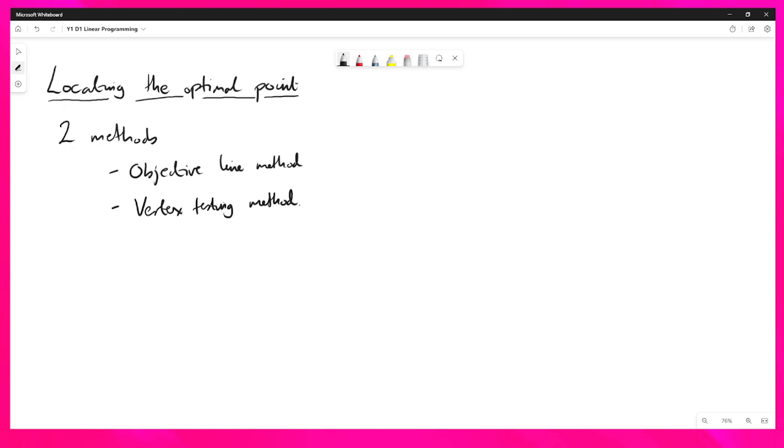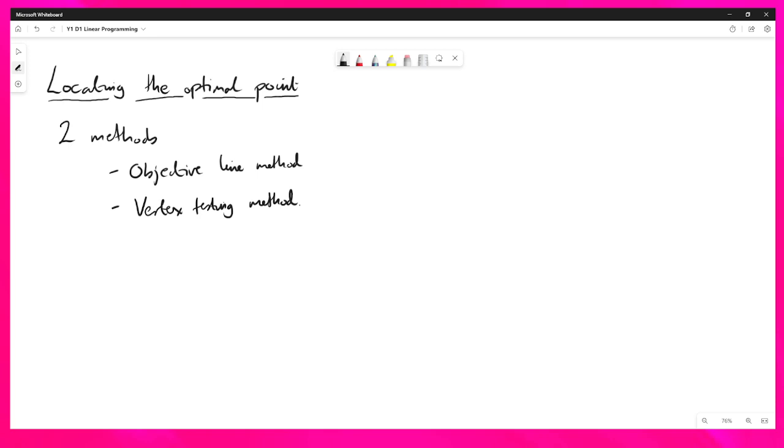Now, the objective line method involves drawing an objective line onto your graph, lining up a ruler with it and moving the ruler around. The vertex testing method instead looks at every single vertex of the feasible region and then calculates the value of the objective function at all of those.